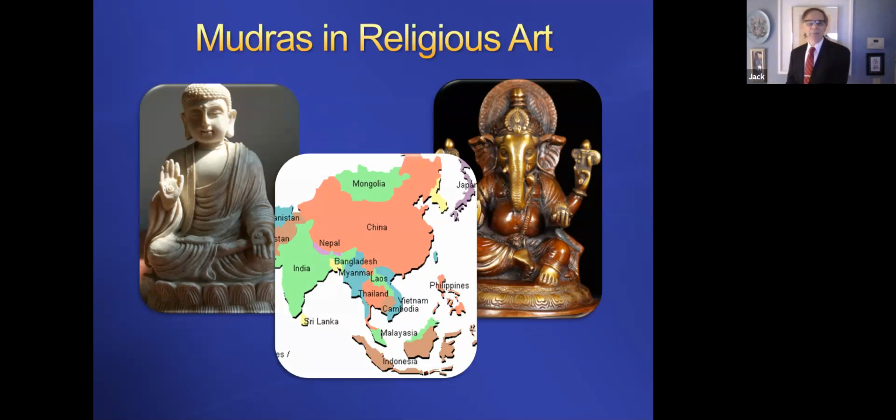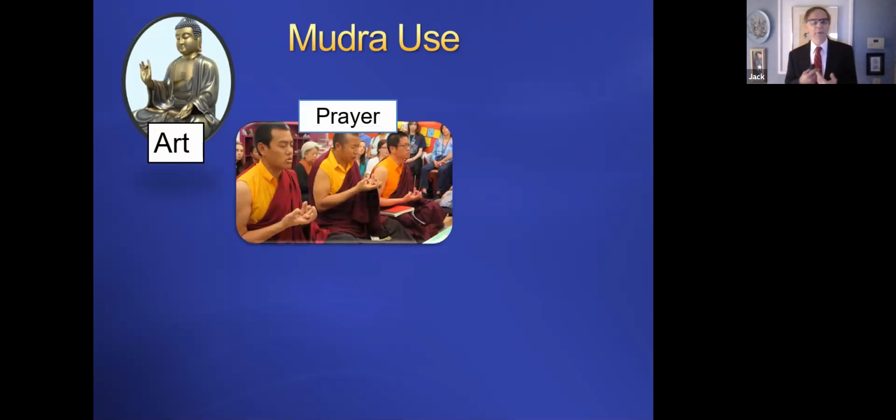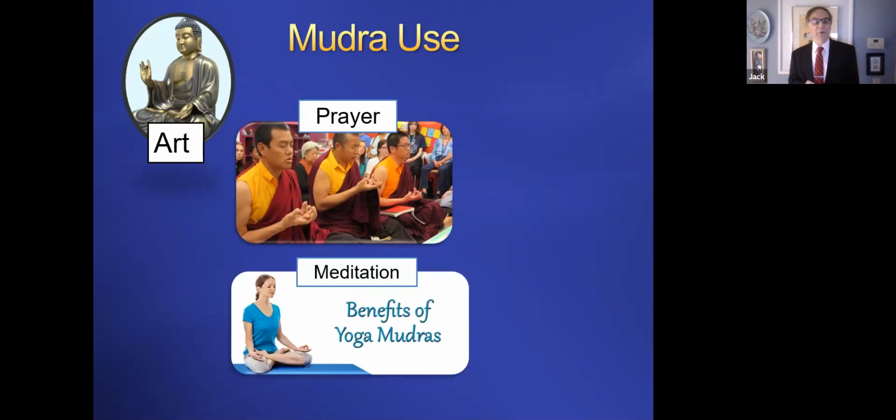So let's investigate, and they're used in a lot of different ways. You see them used in art, but these mudras are also used as a part of prayer in many Buddhist monk denominations. You've seen them used for meditation. If you've been to a yoga class or seen someone meditate, they're doing something with their hands to try to focus their meditation.